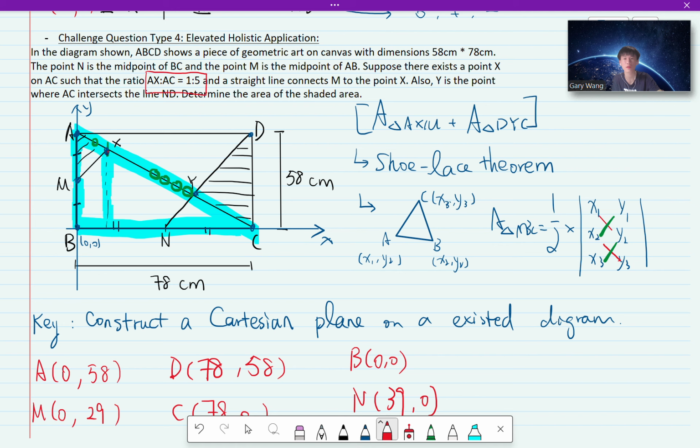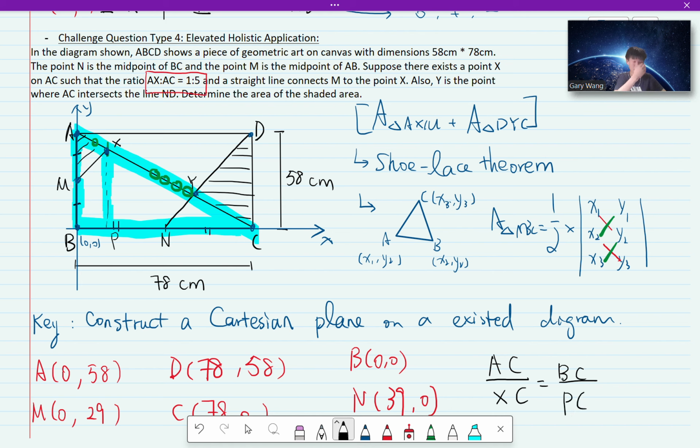So the triangle XPC, I'll say P, this triangle is actually similar to the bigger triangle ABC right here. So how can we utilize this information? Based on the property of similar triangles, we can obtain something like this: AC over XC should equal BC over this PC.